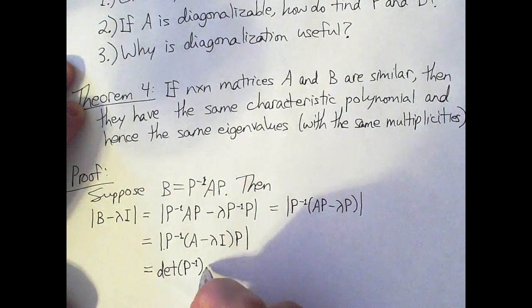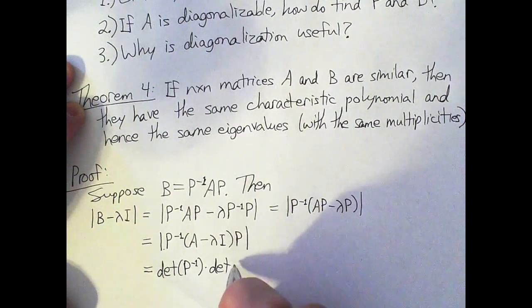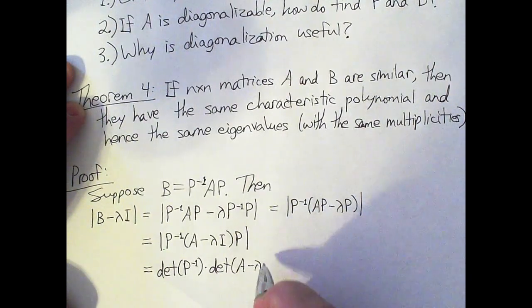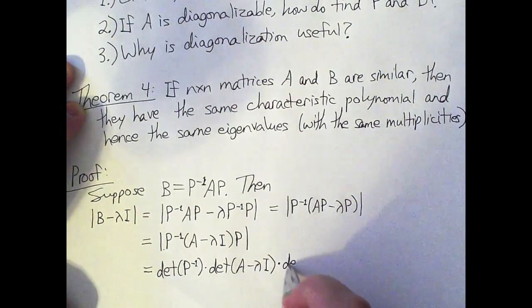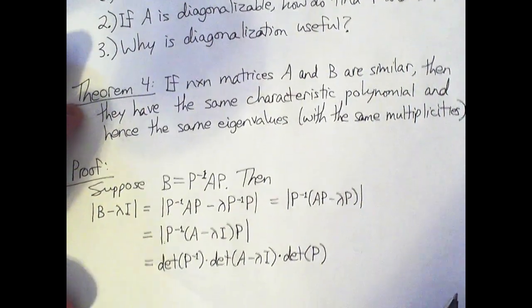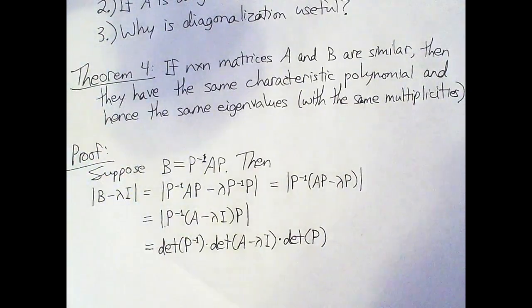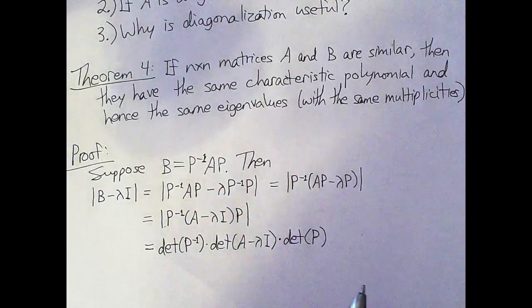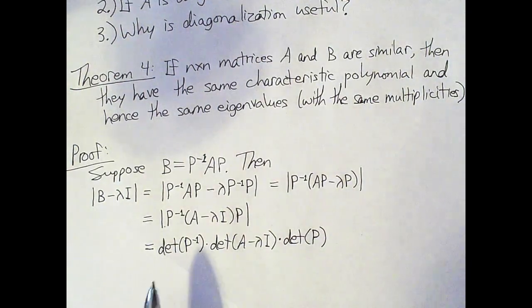So it could be the determinant of the first piece times the determinant of the second piece times the determinant of the third piece. In the textbook, that was probably section 3.2, whichever one had properties of determinants.